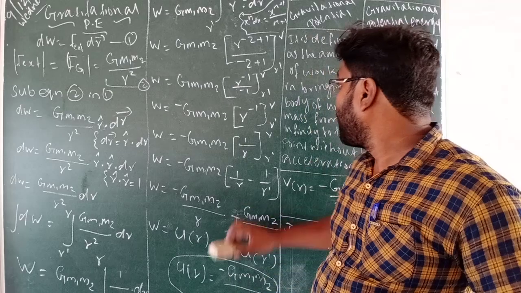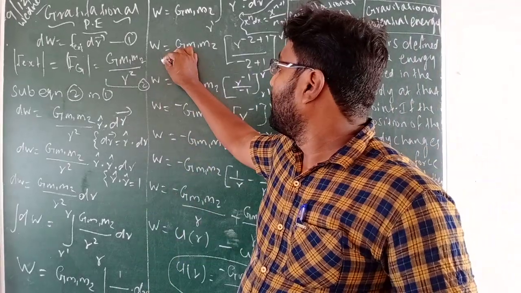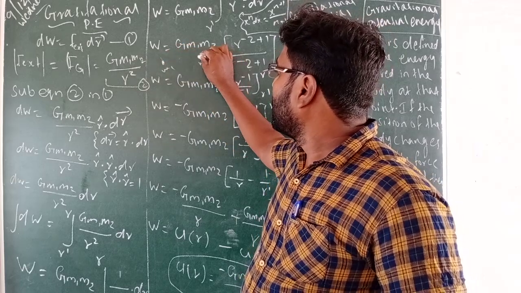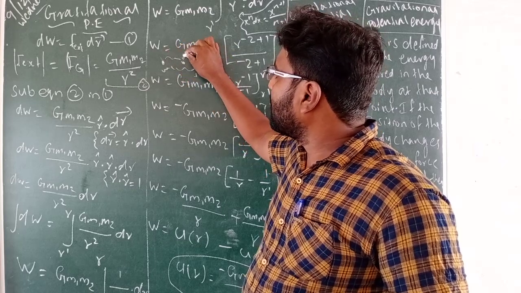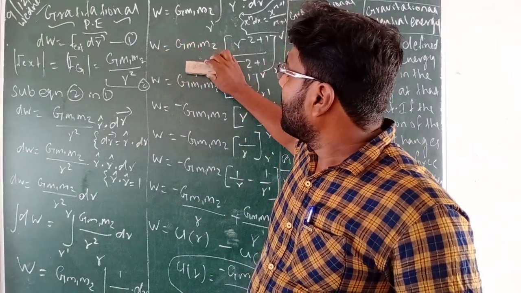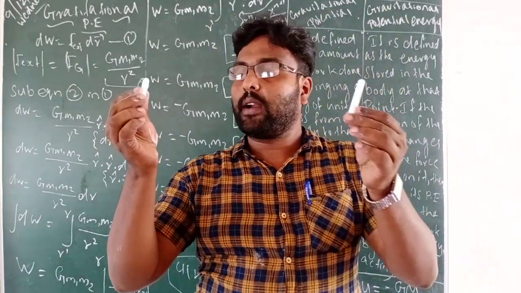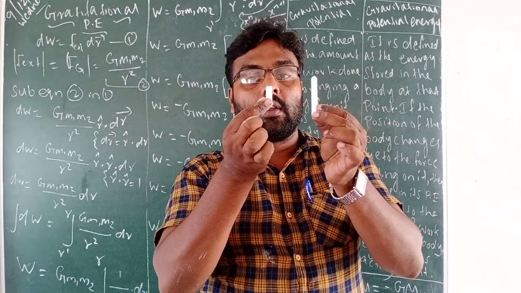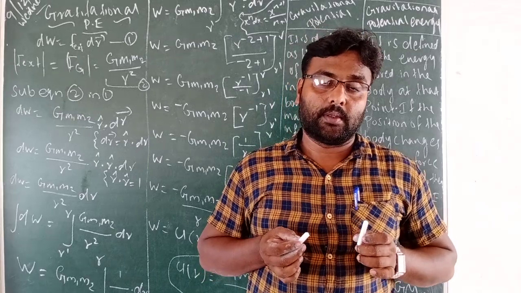Here mass M1, here mass M2. This is distance R dash. Now at distance R, you are bringing this mass M2 here, so this is R. Consider this case: R distance is less than R dash distance, then this M2 is attracted by M1 because of the gravitational force.